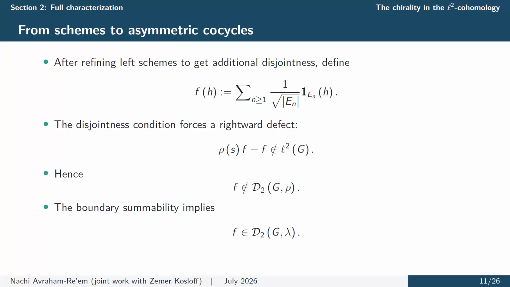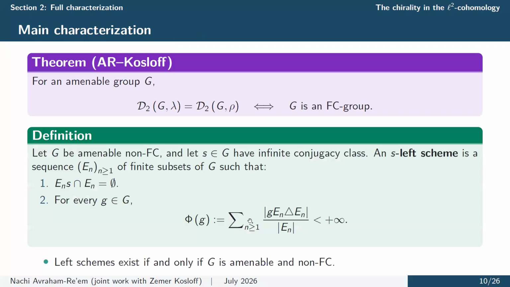But the boundary resummability, the second condition, translates into the condition that F is, because the L2 norm of F minus lambda_g F can be bounded by this infinite sum, which is finite valued, which converges.